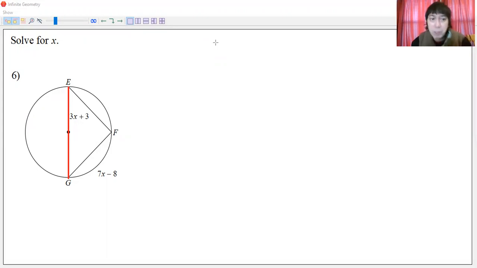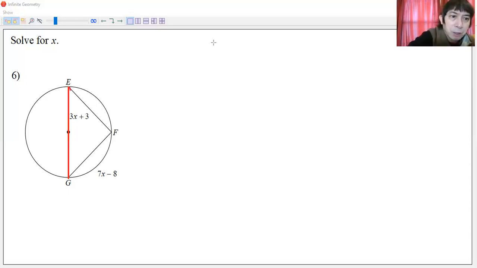And 7x minus 8 looks like the subtended arc, okay? All right, let's figure out our equation here. I think we don't need the diameter, okay? We don't need that part. All right, so we can simply equate.